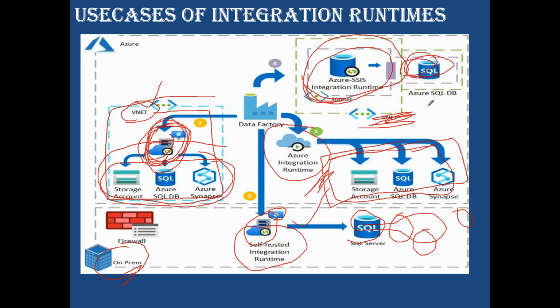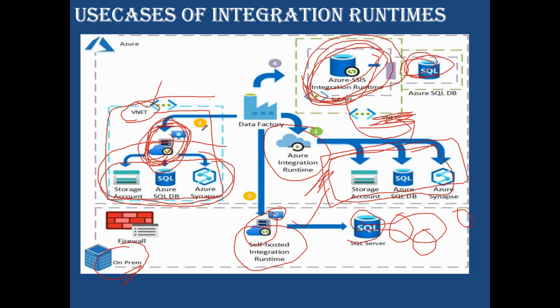Within the SSIS integration runtime, if it is in the on-premise, we use the self-hosted IRs. If the things are there in the cloud, we use the Azure IR, meaning the compute will be maintained by Microsoft. So remember, this is used only if we have to execute any SSIS packages.